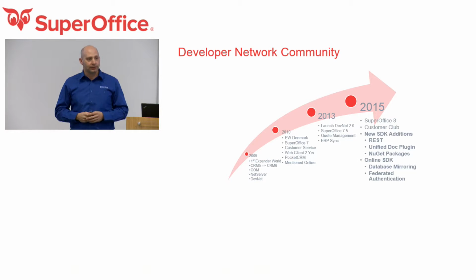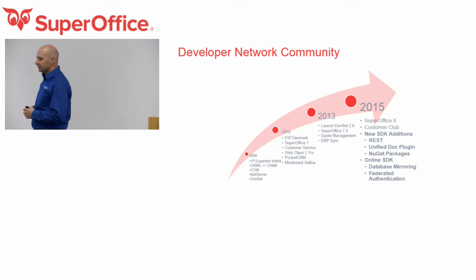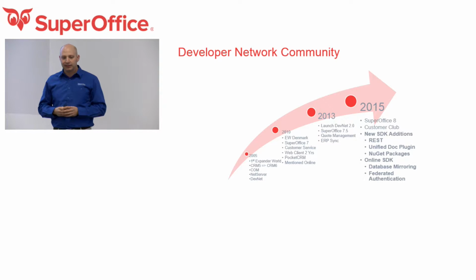Database mirroring is actually relatively new, and it's a very interesting concept and topic that I think is going to take some of the limitations that SuperOffice Online has, from an app's point of view, away.